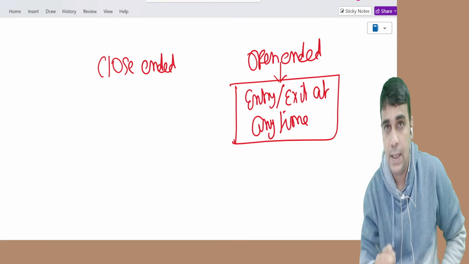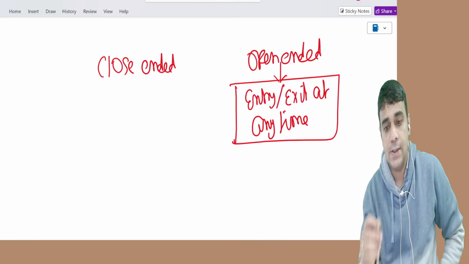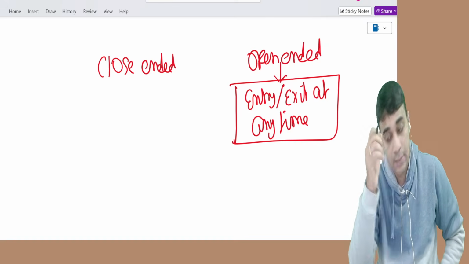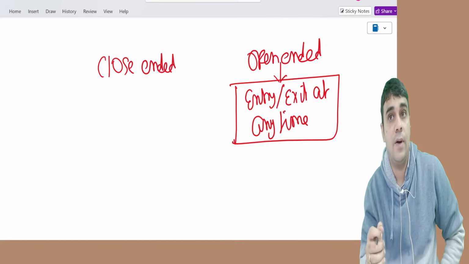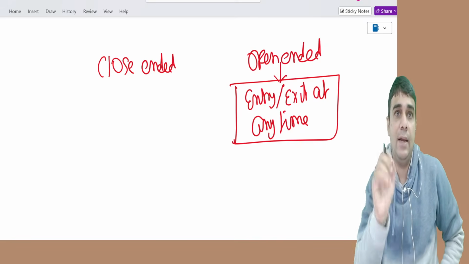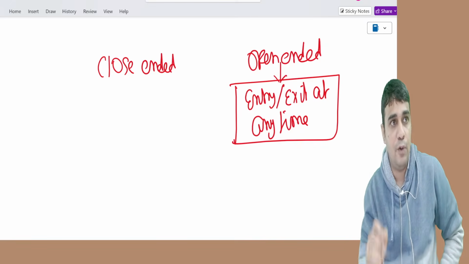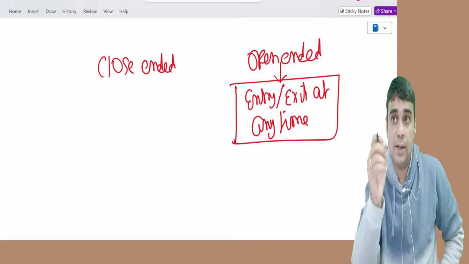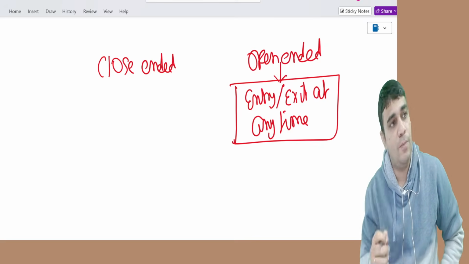This is called an open-ended mutual fund, where you can enter and exit at any time. In an open-ended mutual fund, your entry and exit will be directly with the MF. You pay the money to the MF, they'll give you units. You return the units to them, they'll give you money.